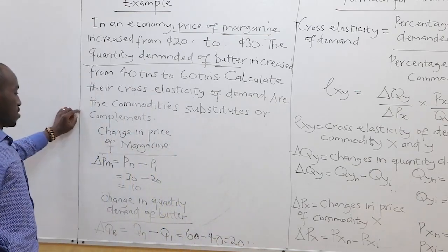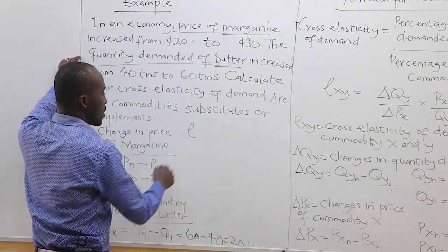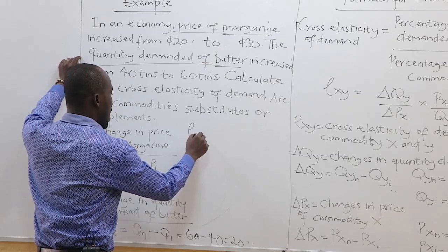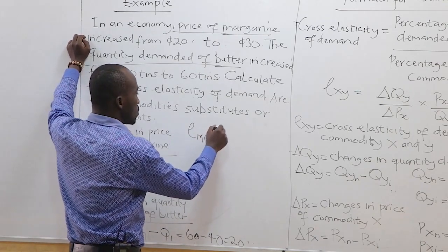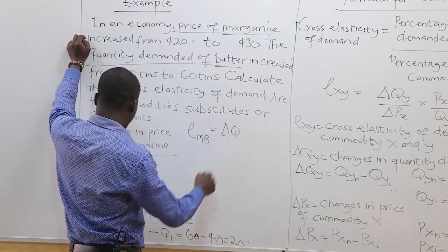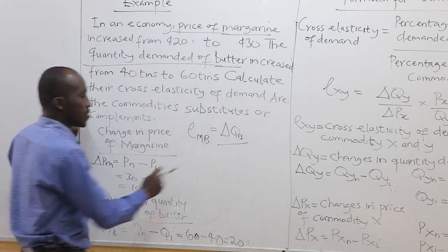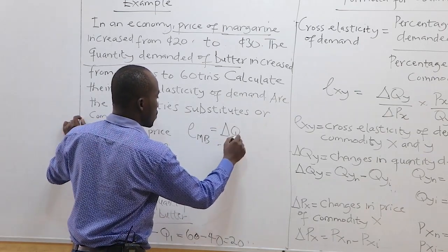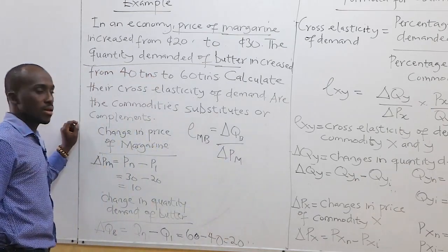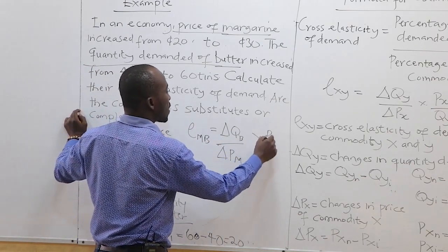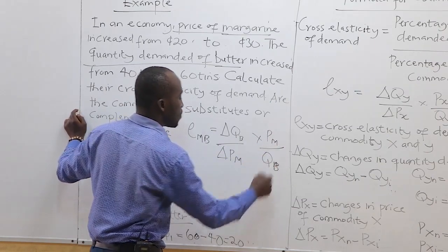So the change is 20. When you come to the formula, the cross elasticity EMB, M for margarine, B for butter, is equal to the change in the quantity demanded of butter divided by the change in the price of margarine, times the initial price of margarine divided by the initial quantity of butter.